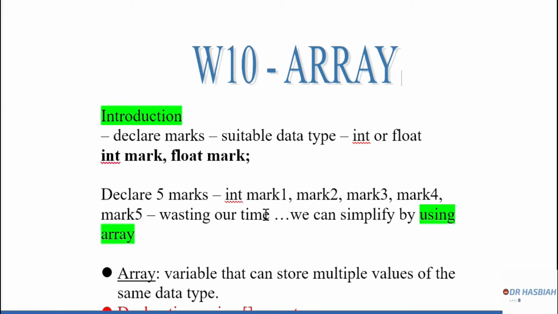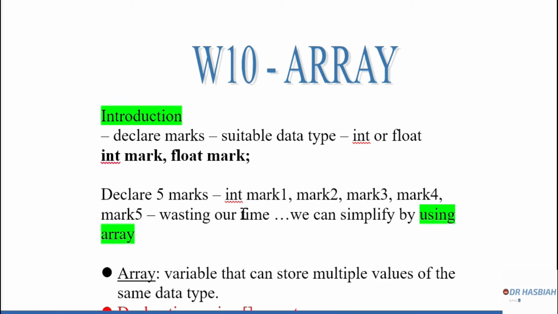Let's see here. If you want to declare hundreds of marks, you have mark 1, mark 2 until mark 100, and all the marks here have the same data type, that is integer. So you have a long declaration here, mark 1 comma mark 2 comma until mark 100, and then you put integer.